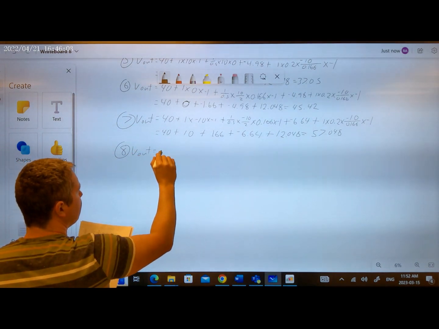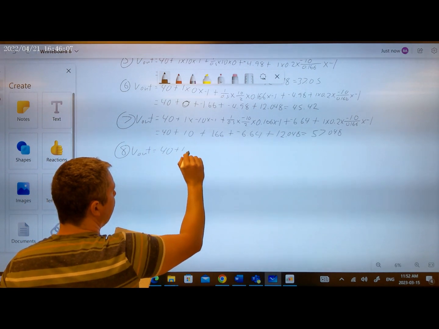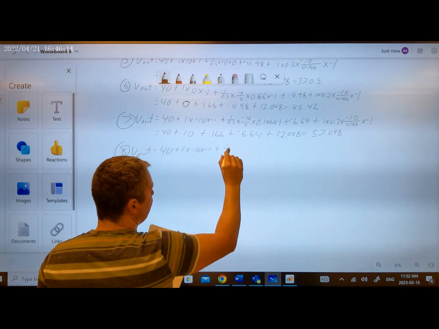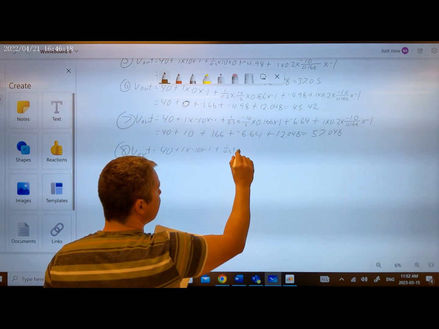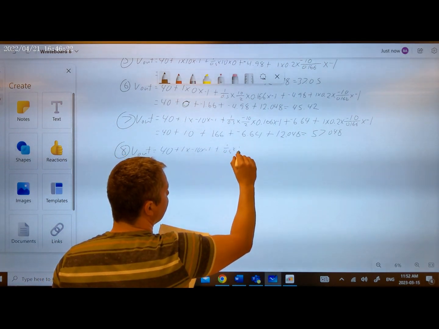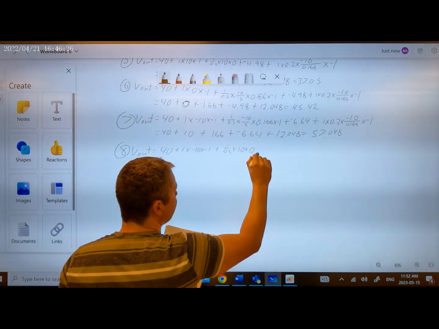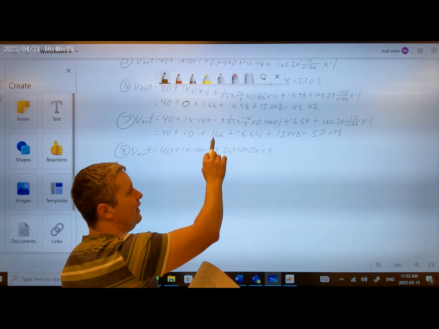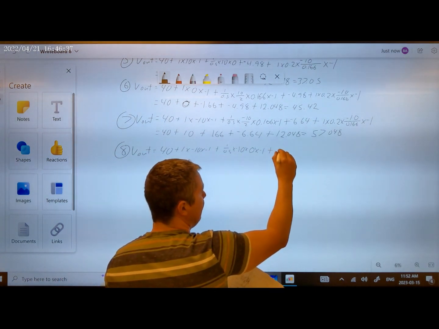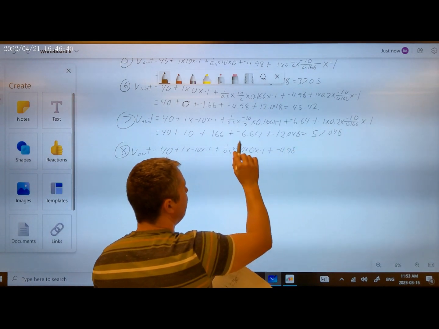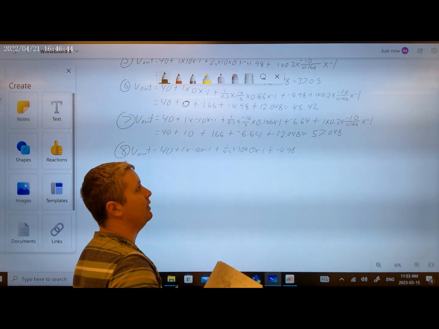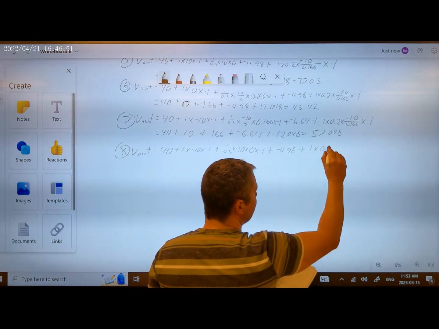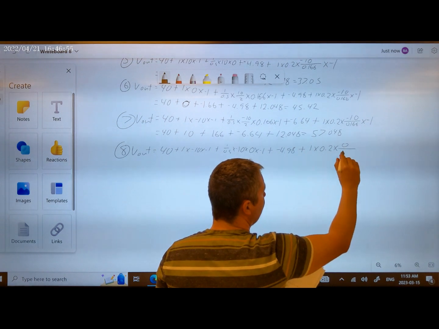V out equals, we still have the bias of 40 plus 1 times, we have an error of minus 10 still, times direction of minus 1, plus proportional over integral times, we have an error of minus 10, but we have 0 time times our direction, plus our cumulative integral, which is, well, it's 4.98, and it's a negative 4.98, when we add 1.66 to a minus 6.64, plus our derivative of 1 times 0.2 times 0 error over the next 10 seconds.